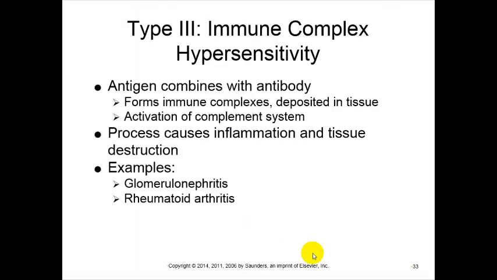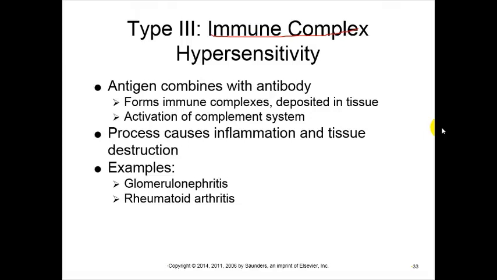Okay. Type 3. Type 3 is immune complex hypersensitivity. Type 1 was allergies. Type 2 is cytotoxic. Type 3 is immune complex. So basically, the antigen and antibodies are going to form a complex.